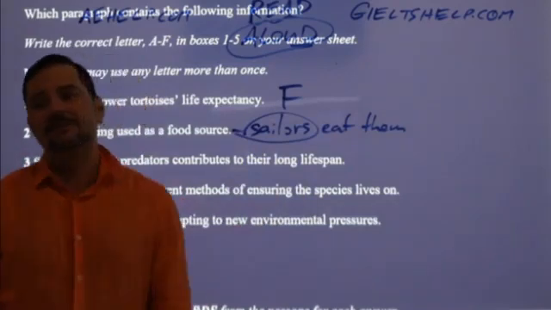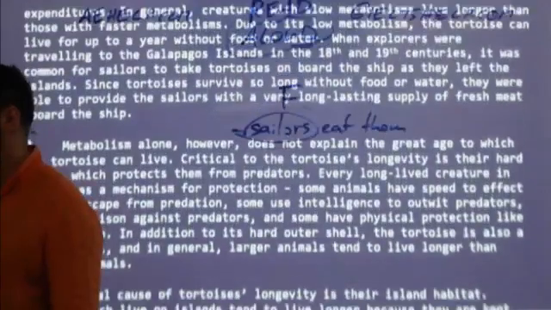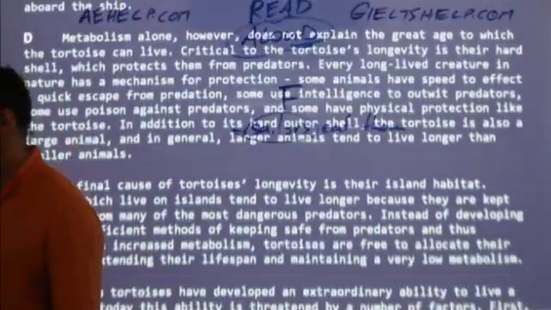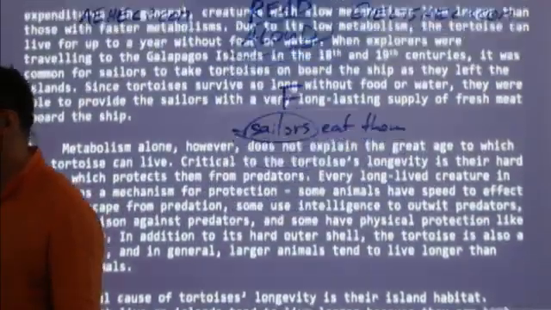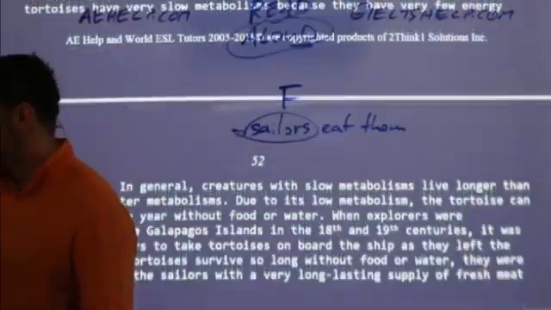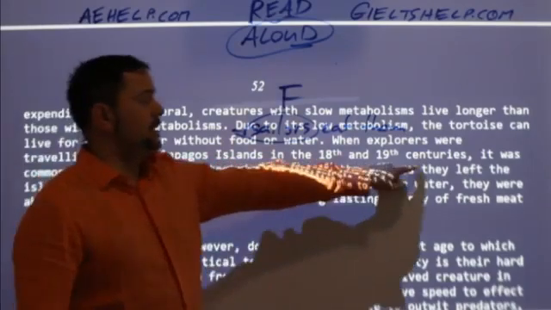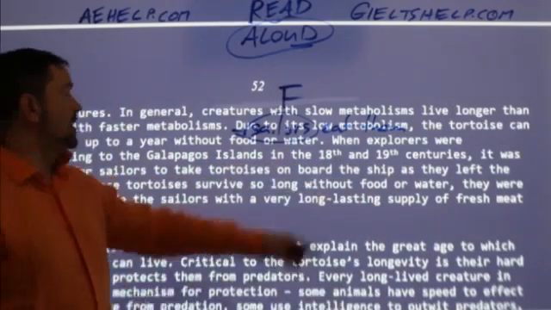So because I visualized that, I can go back and look at that, right? So here we go. 18th, 19th centuries. Sailors were eating them.